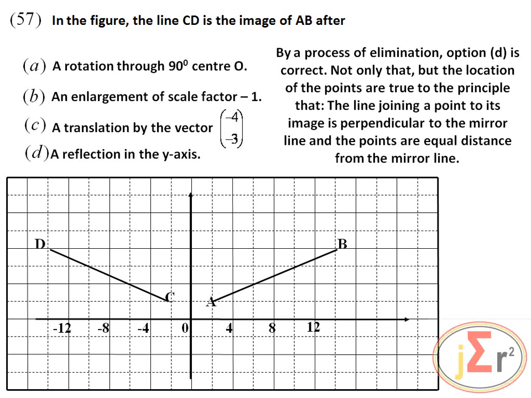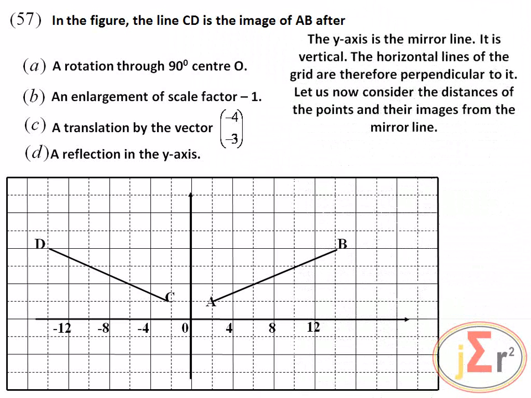So apart from the fact that by elimination we are sure that option D is correct, we are sure that in the diagram that we have there, the principles of reflection are adhered to, which are that the line joining a point to its image is perpendicular to the mirror line, and the point and its image are equal distance from the mirror line.